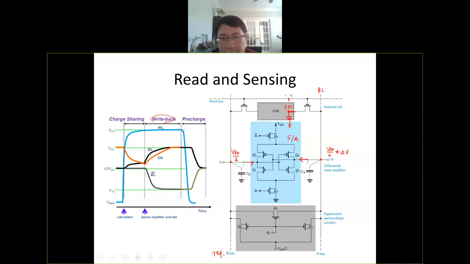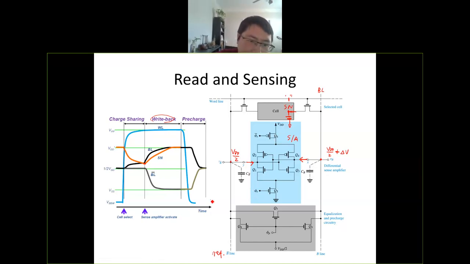So it's a latch. But this latch is not the same as before, because the ground here is connected through an NMOS transistor Q5, and up here the VDD connects through a PMOS transistor Q6, and Q5 and Q6 are controlled by the clock phi S.